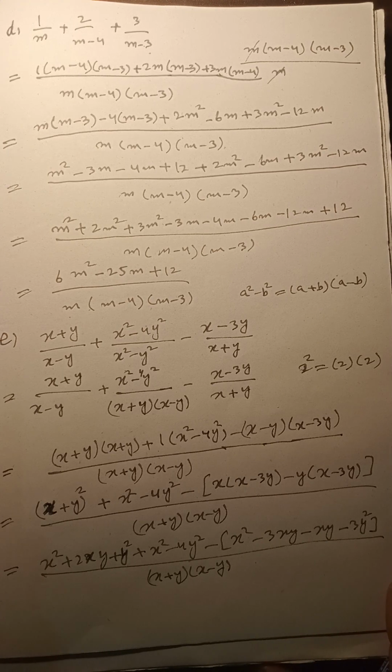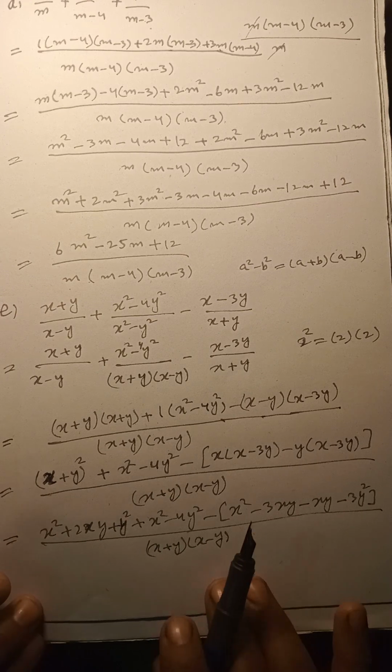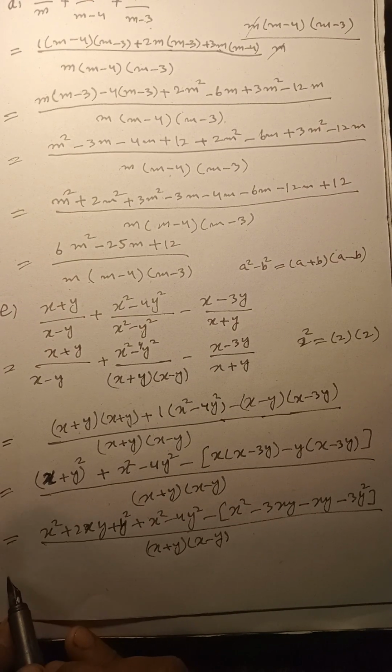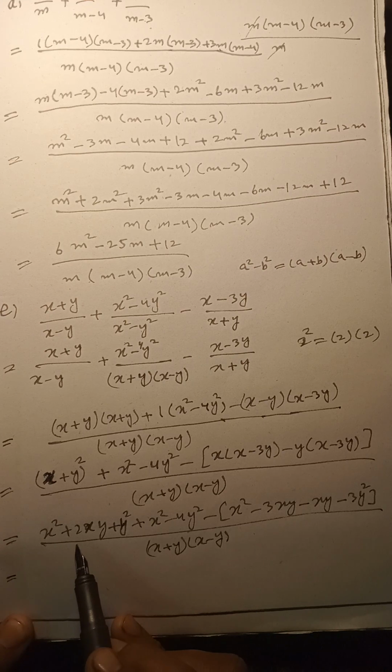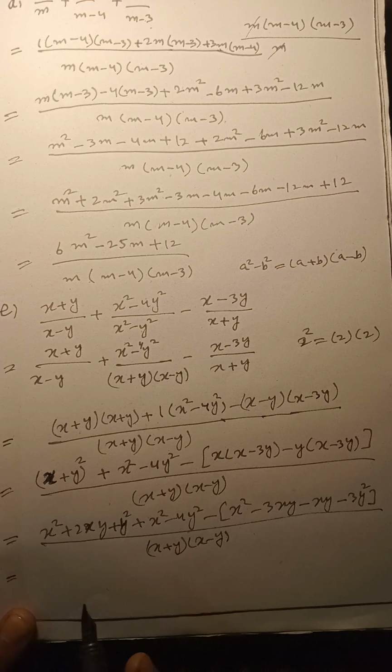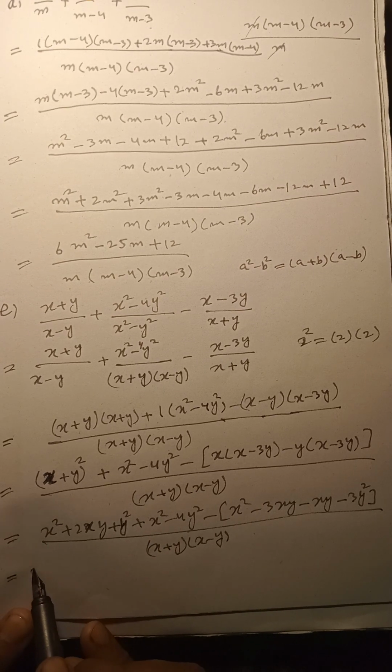Now you see here that after this multiplication, I have found the similar terms. X square is similar to x square, and we have to write them together.